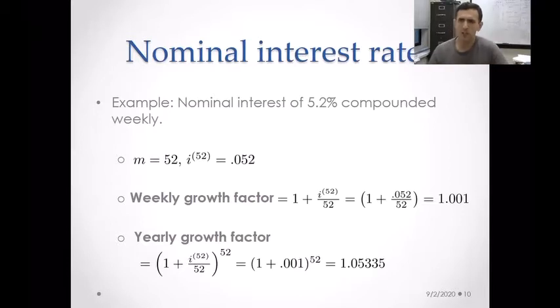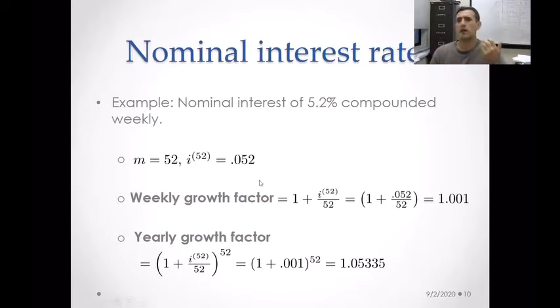Okay, so one thing that is quite interesting about this example, and it would be very beneficial to remember this for not just this course, but for any course involving compound interest at all. Whenever you're given a nominal interest rate and you find the equivalent yearly interest rate, the two answers are going to be not very, but they're going to be relatively close to each other. Okay. And if they're not, then you did something wrong.